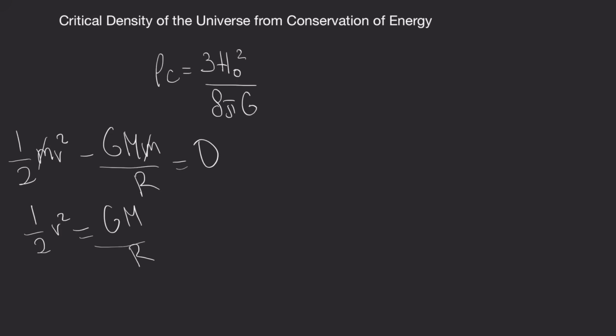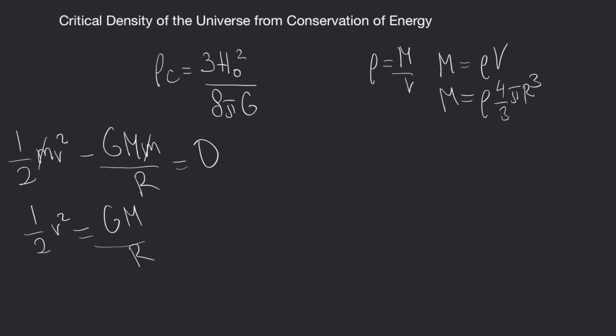Now one of the tricks here, I'll just do that here on the side, would be to consider that density is mass over volume, meaning that mass is density multiplied by volume. So we can plug this into here, and let's also use the facts. Let's assume spherical symmetry and assume that the volume is equal to 4/3 pi r cubed.